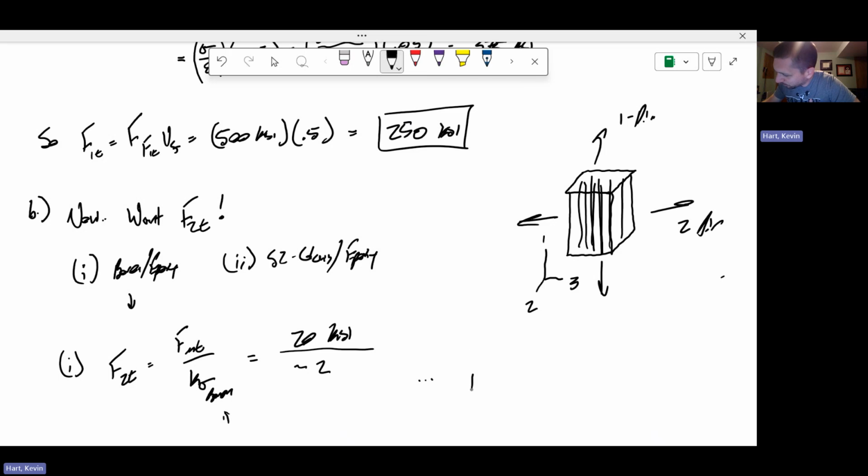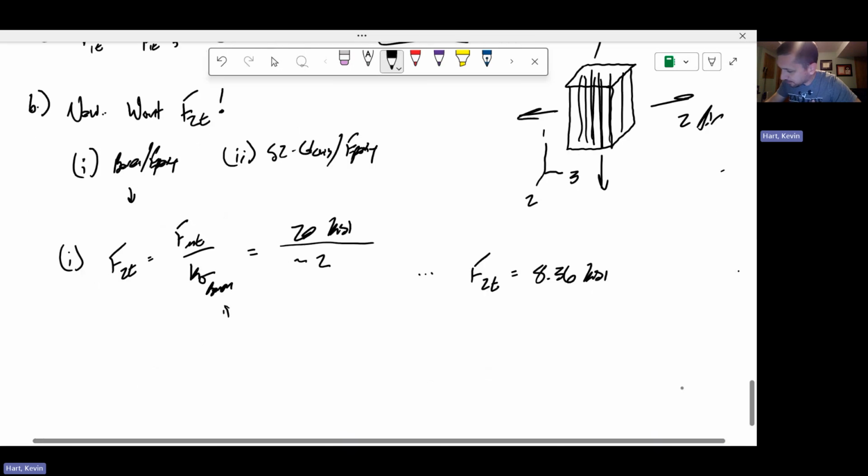So the answer, if you work this out fully, for the boron epoxy composite is 8.36 KSI. And then for the second bit, for glass, so this is K sigma of glass. Work this again, the failure strength of the matrix in tension doesn't change.